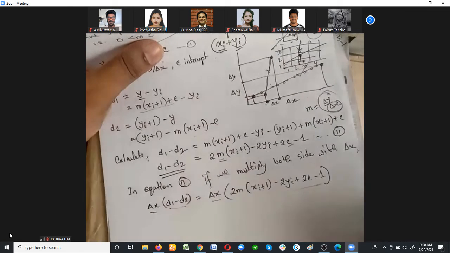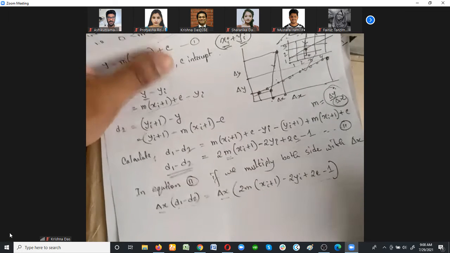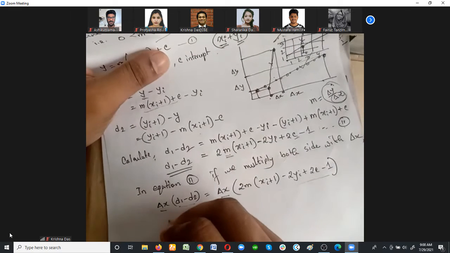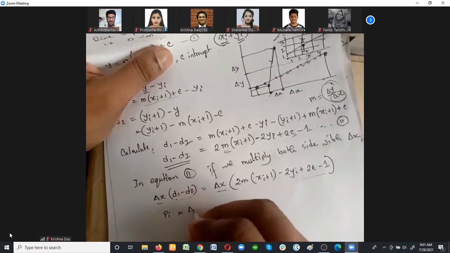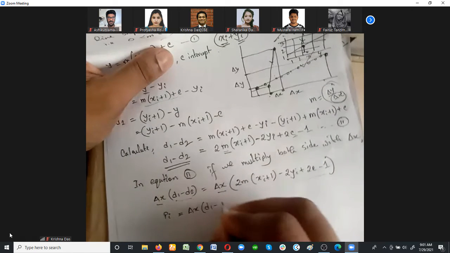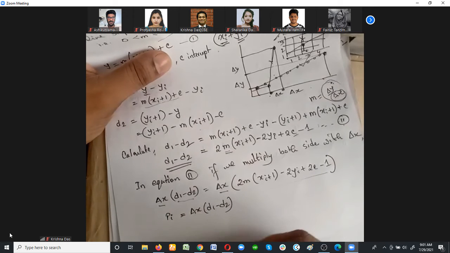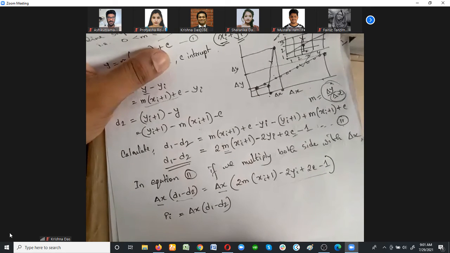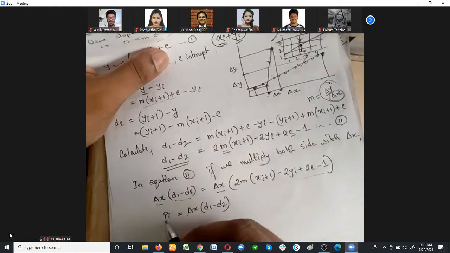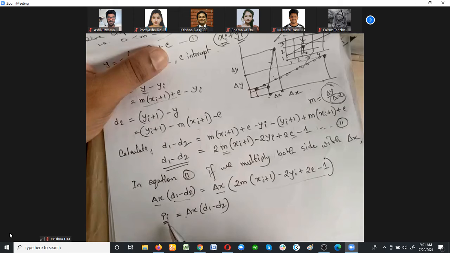As this is important for our decision, we give it a name, p of i. p of i is nothing but del x times d1 minus d2, called p, indicating the parameter. We call it the decision parameter now. So that is giving it a name, pi, and i is a variable.